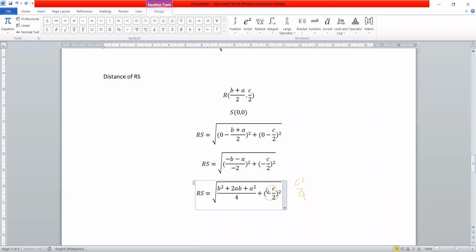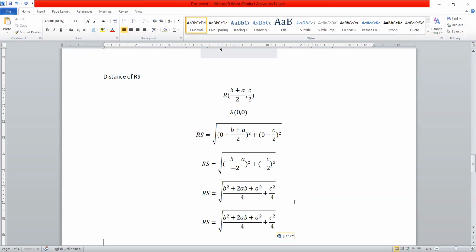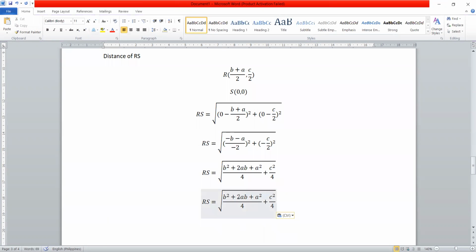So write this as c squared over 4. So simplifying this further, you can just write b squared plus 2ab plus a squared plus c squared over 4 again, because you have the same denominators.